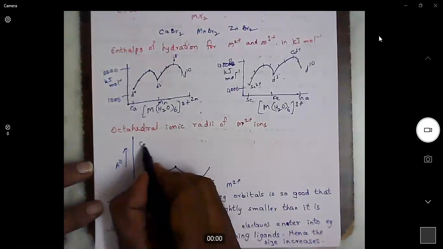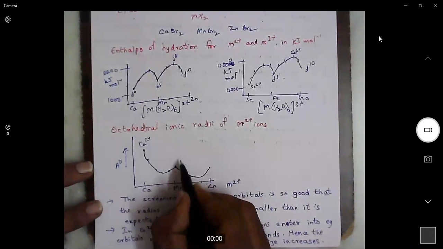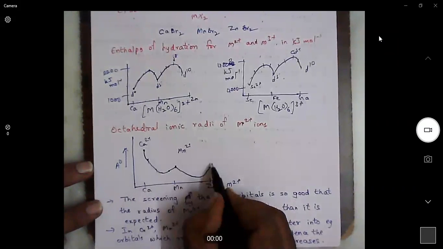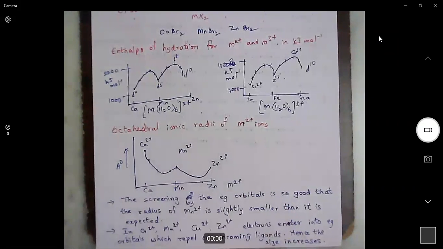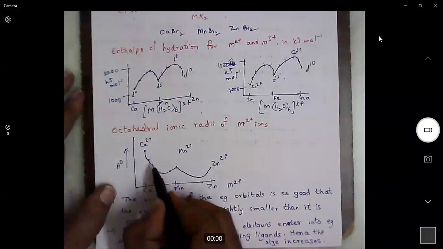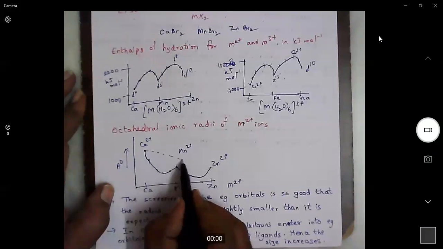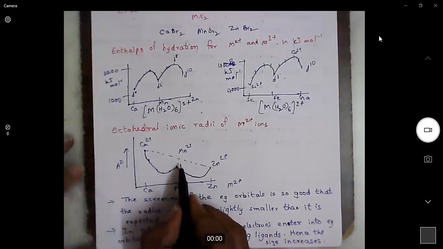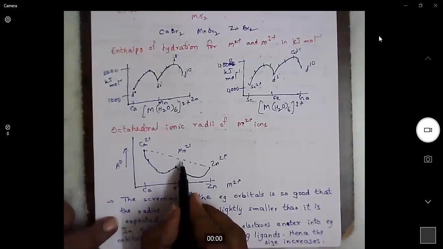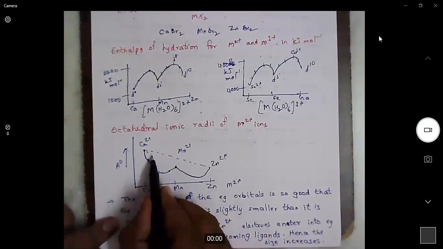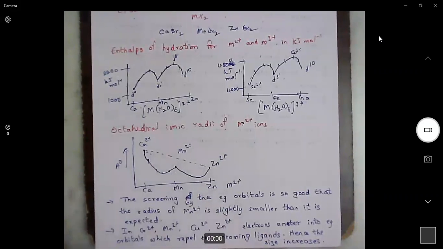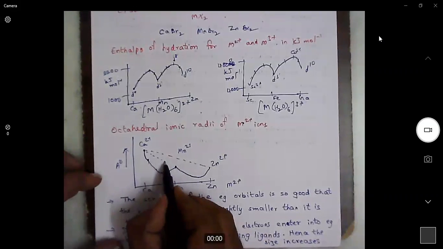So this is calcium 2 plus, this is manganese 2 plus, and this is zinc 2 plus. Here the difference is that there is the expected trend, but this is the actual trend. The actual trend is different than expected.